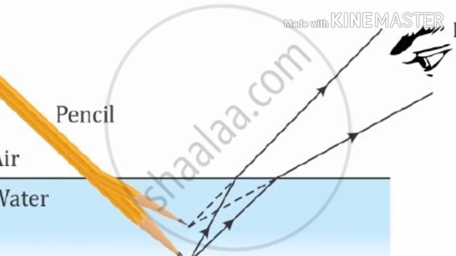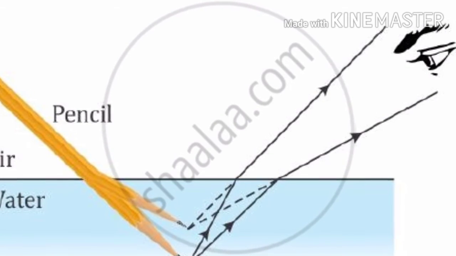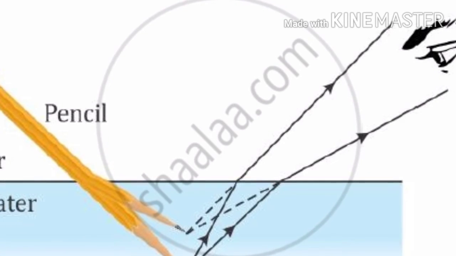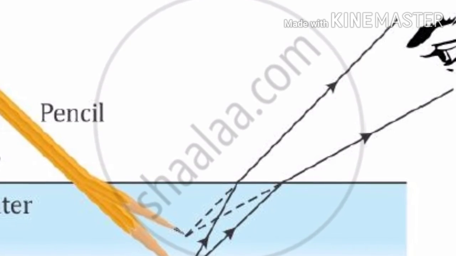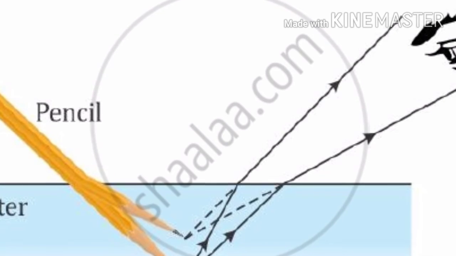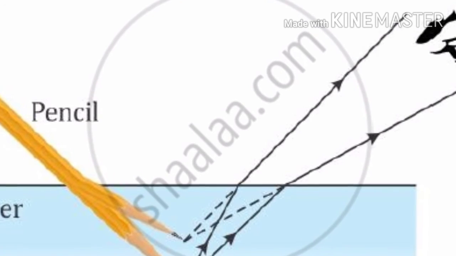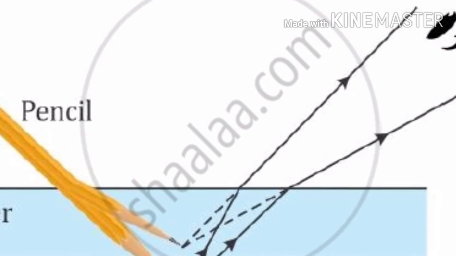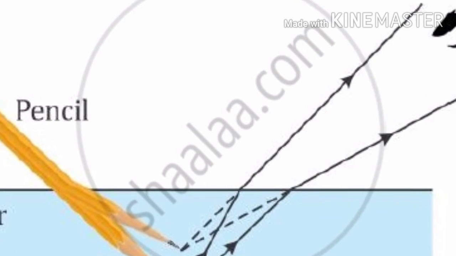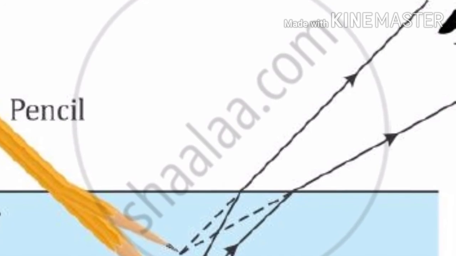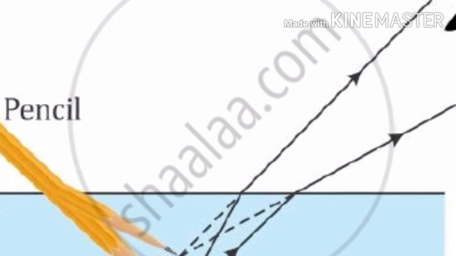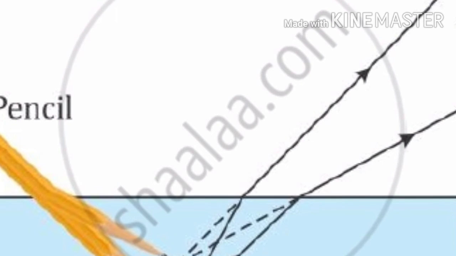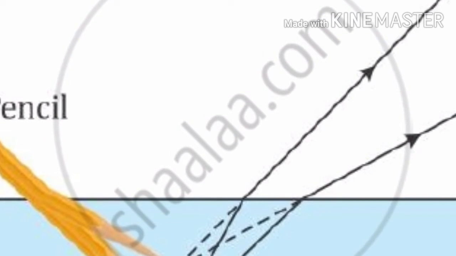Here you can see pencil, air, water. The light rays that come from the pencil are bent when they come from water to air. Due to this bending, you are seeing the pencil in an apparent position, not in the actual position.